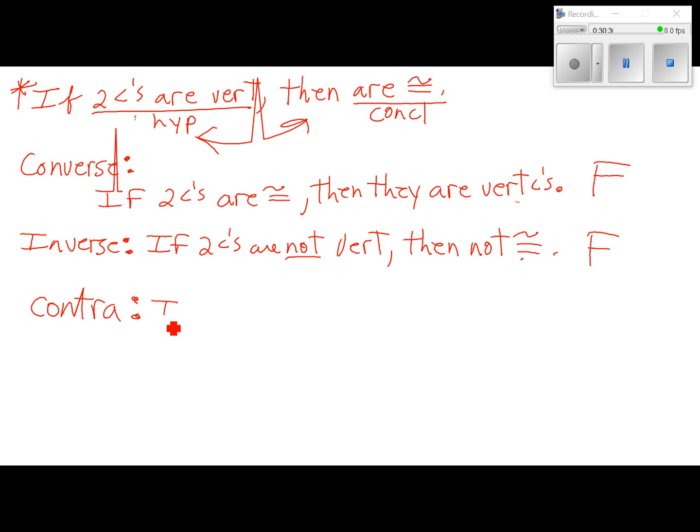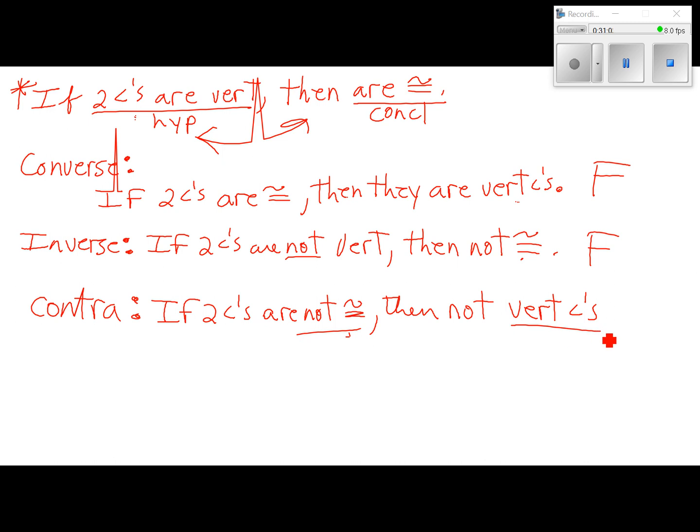So it's going to say if two angles are not congruent, then not vertical angles. And if we got two angles and they're not congruent to each other, well then they can't be vertical angles, because we had a theorem that said vertical angles must always be congruent, so that statement is true.